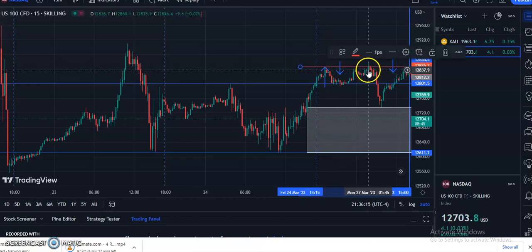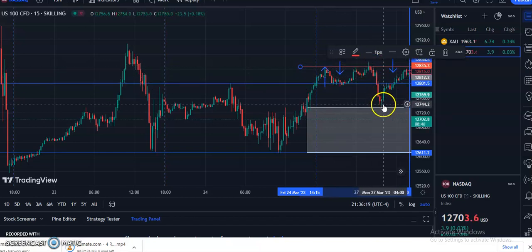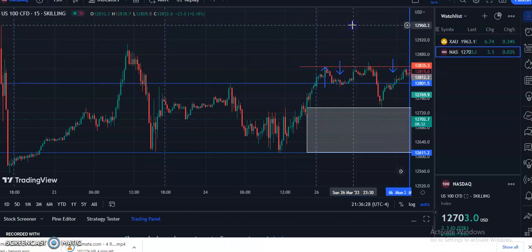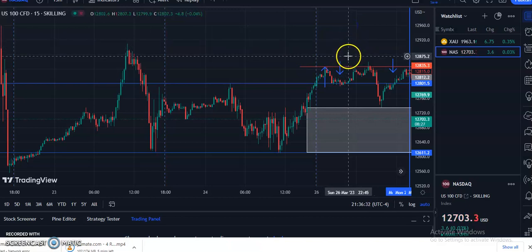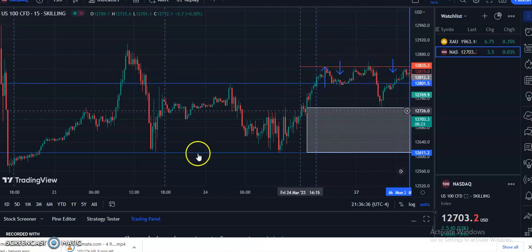In London, they come and try to break above it, but they get pushed below very quickly. In the New York session, they come back again to the high. So my bias is that Nasdaq is falling. The general bias of the day is that we are bearish.